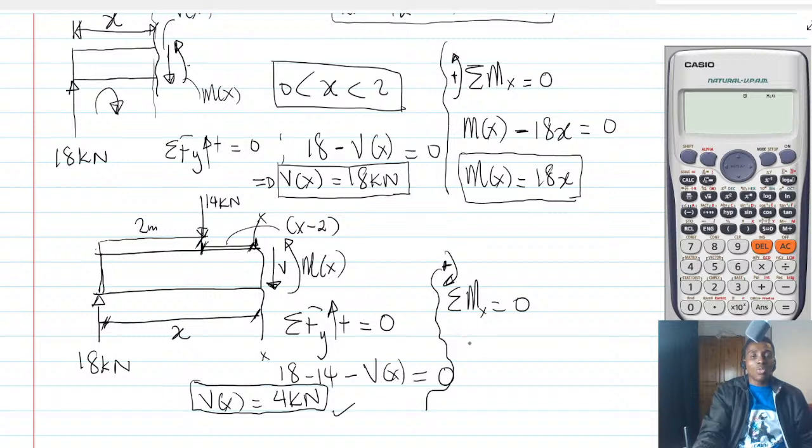So then it's going to be what? Alright, let's say that anti-clockwise is positive. That doesn't really change anything. So I have M of x. That one is already anti-clockwise. Now we are summing moment about the x, alright?